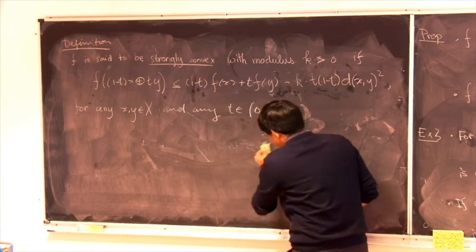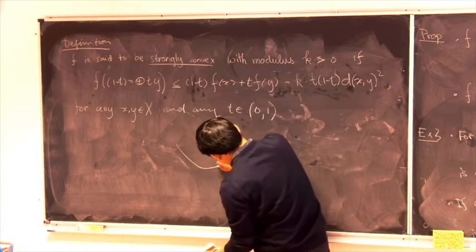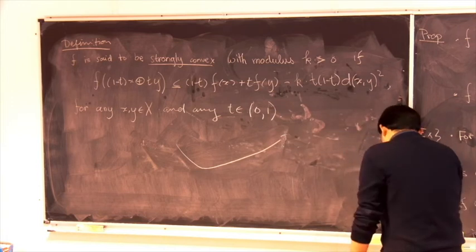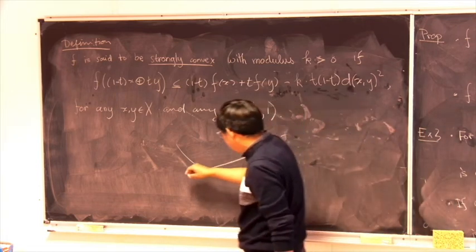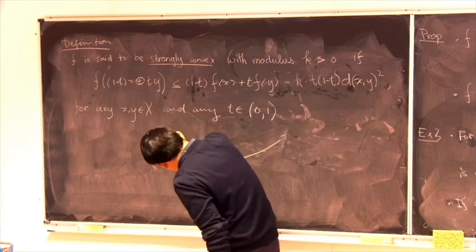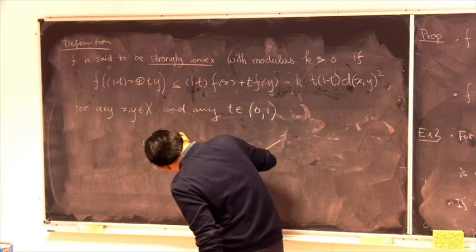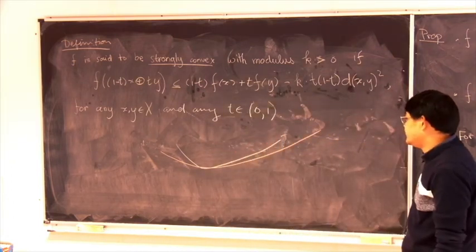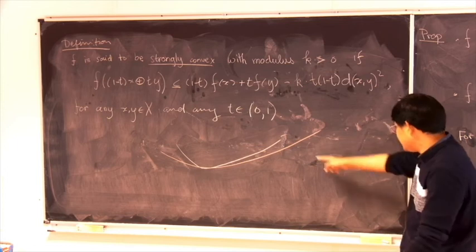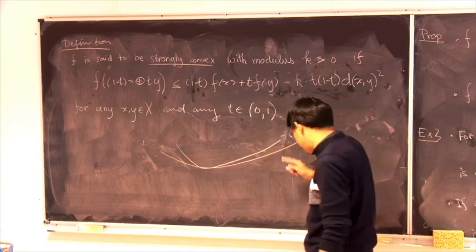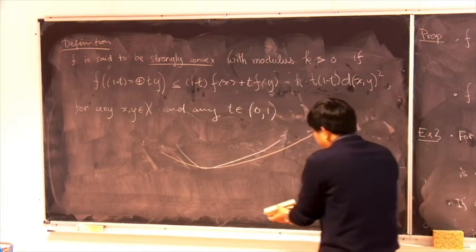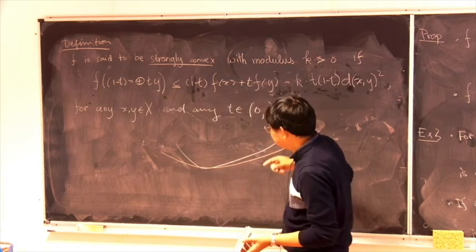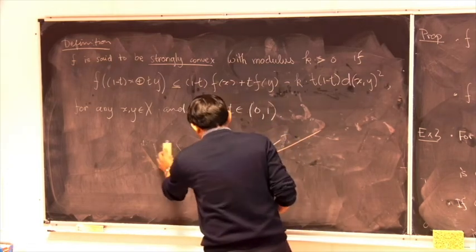Suppose this is f. You can support this function f with this parabola, something like that. If you can do something like this, then f is a strongly convex function. You can judge strong convexity by just looking at it.